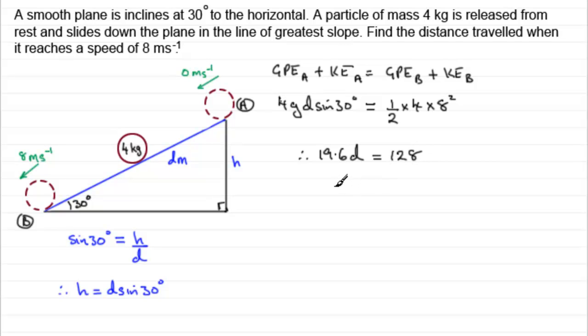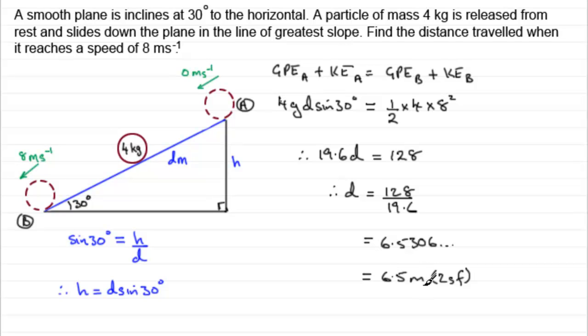So if you divide both sides by 19.6, you get 128 over 19.6. Work that out in your calculator and it comes to 6.5306 and so on. Round that to two significant figures and that's 6.5 meters. So we've got d equals 6.5 meters.